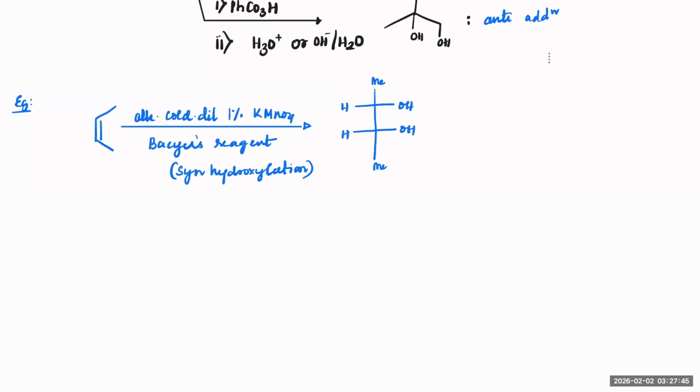In fact, you can get the same structure in a mirror image, but unfortunately, in this case, because both sides we have methyl above and below, it will become a meso form and identical. So here there is a plane of symmetry, here there is a plane of symmetry. So this is meso and this is meso and identical. These two are identical.